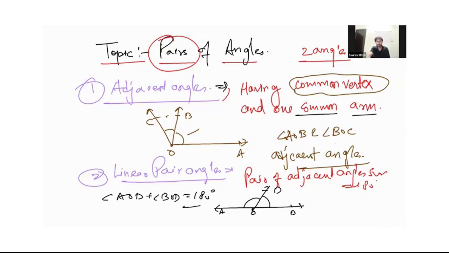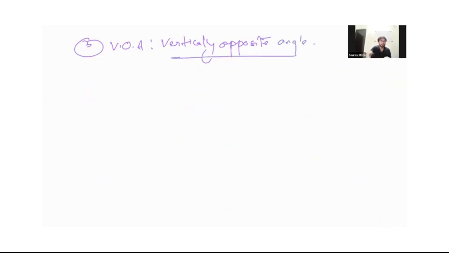Next is vertically opposite angles. We call it VOA, vertically opposite angles.